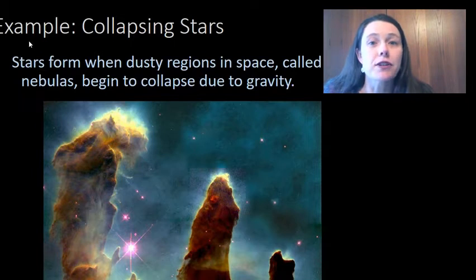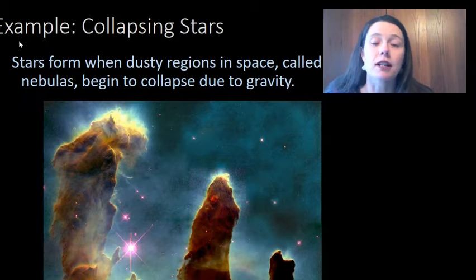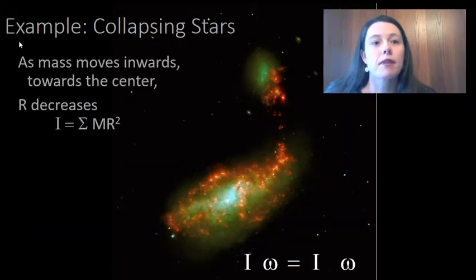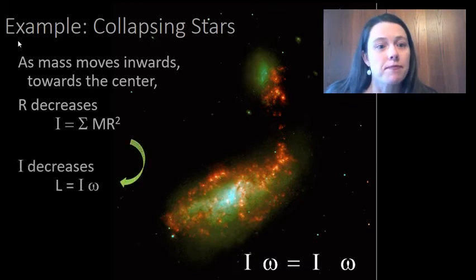Angular momentum also governs the universe on the large scale. Think about how stars form. They form when large, dusty regions called nebulas start to collapse under the force of gravity. As the mass moves inwards and the dust collapses, the radius of the system decreases. That means that the inertia of the system also decreases.